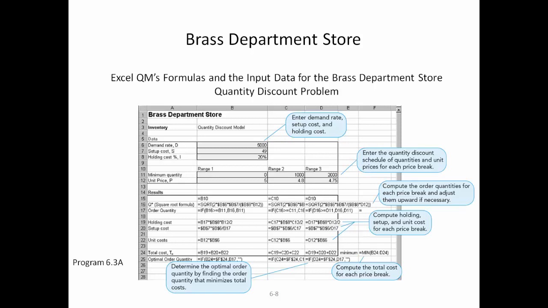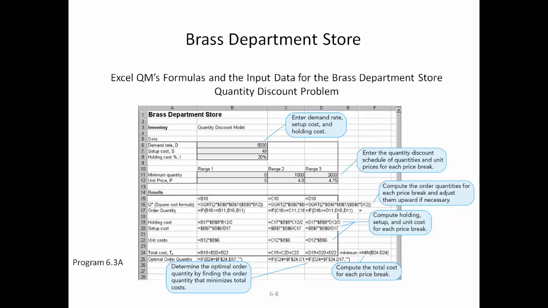So QM for Excel will do this for us. Again, all we have to do is put the right numbers in the right places. Here we see our demand rate, our setup cost, our holding cost, and we get our ranges for each one of our quantities.